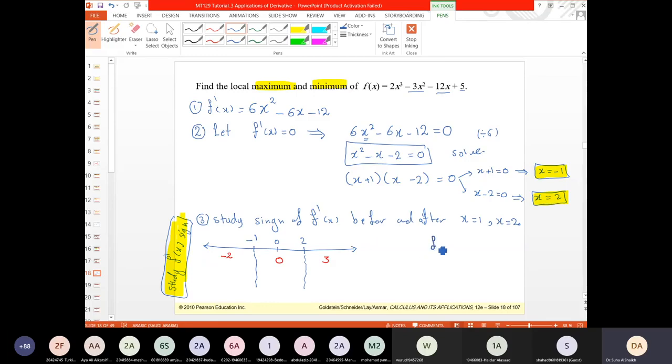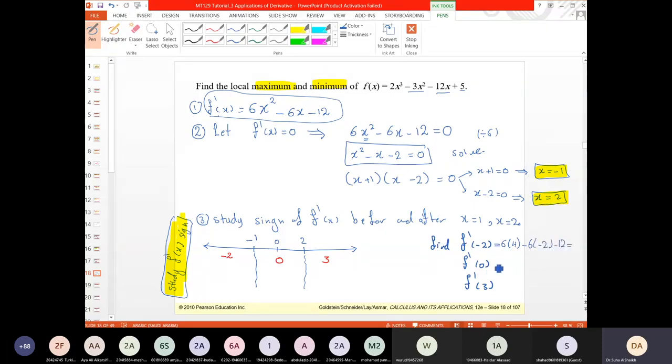So we find f dash at -2, at 0, and at 3. This is f dash, which we got in number 1. So f dash at -2 is equal to 6 times -2 squared, which is 4, minus 6 times -2, minus 12.